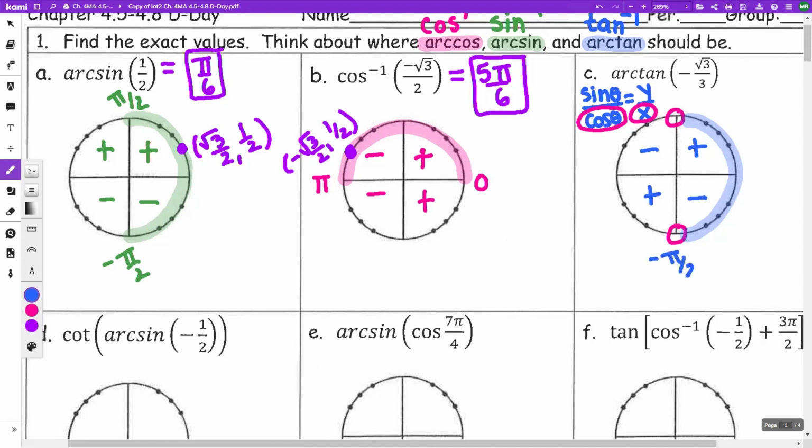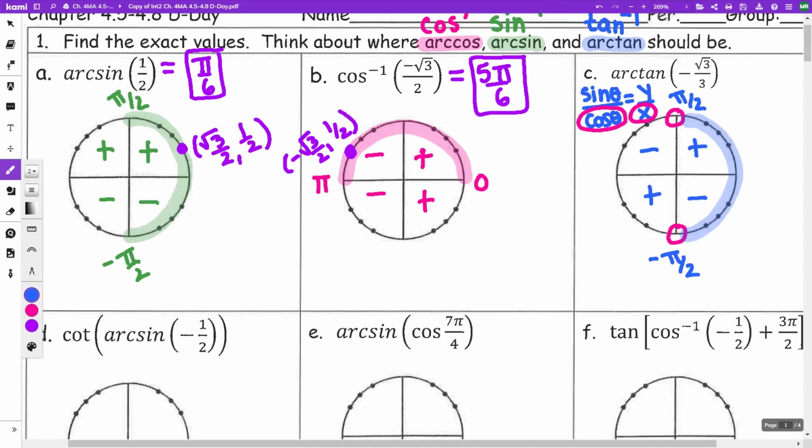We're going to consider this a negative pi halves to a positive pi halves. So that's where I'm going to be looking. Now, again, I want to have my tangent be a negative, so it's going to be down in the fourth quadrant, and I want it to be a root 3 over 3.